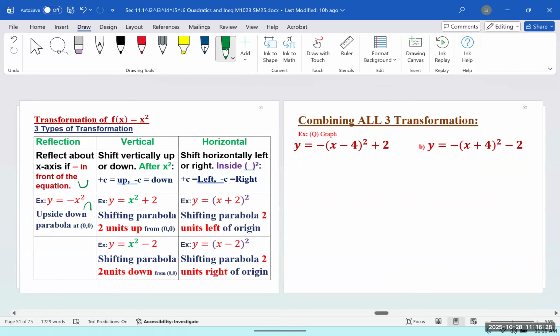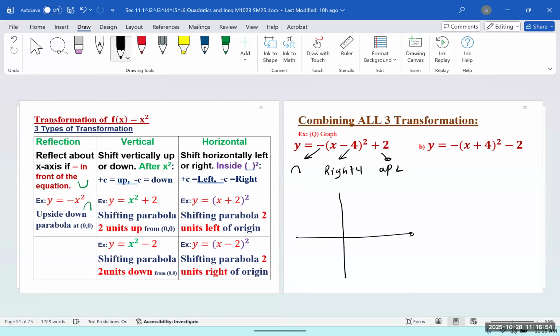And if you use all 3 transformations, how do we graph? What does negative mean? Upside down. -4 inside your heart, right 4. And +2, up 2. So when you draw, make sure you draw the original graph at the origin.